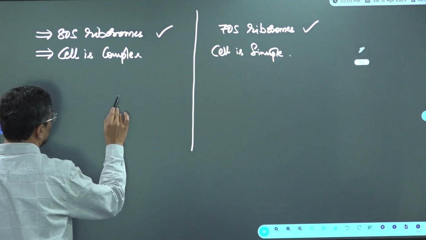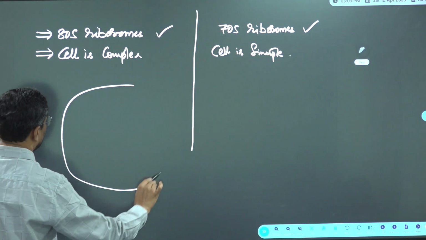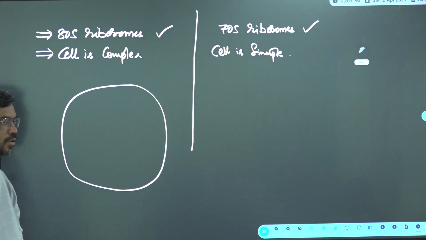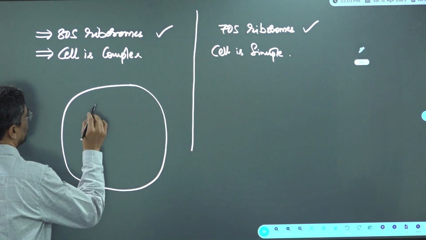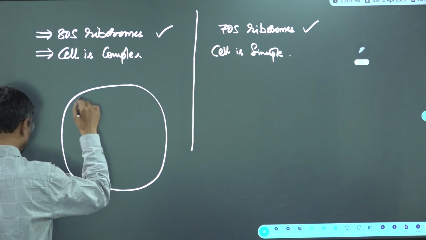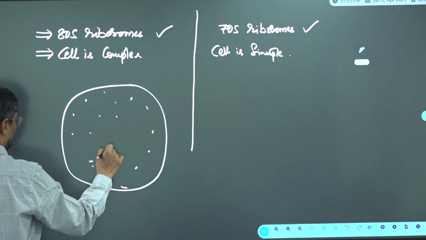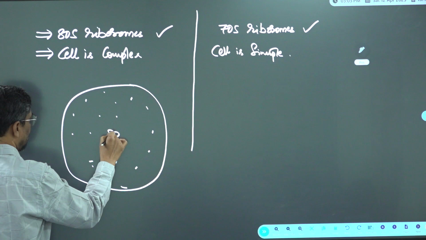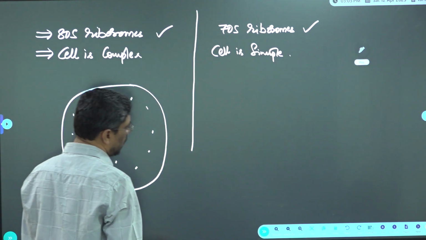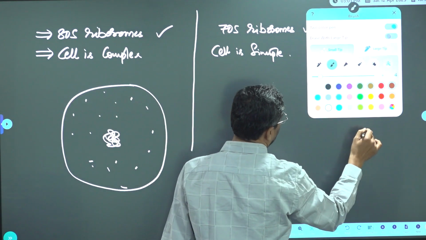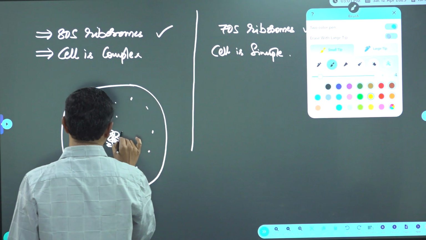Say for example, if you observe the structure like this, say this is a eukaryotic cell. This is the cytoplasm. Inside the cell, there is a nucleus.